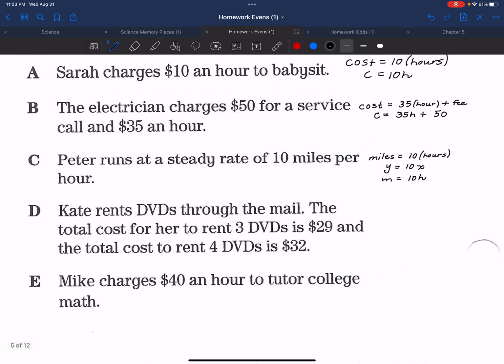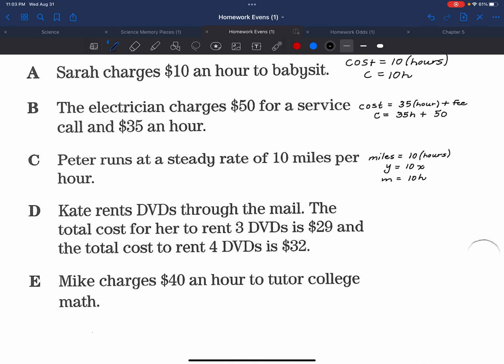Kate rents DVDs through the mail. The total cost for her to rent 3 DVDs is $29, and the total cost to rent 4 DVDs is $32. So the cost is this is the one. I'm not going to do that.